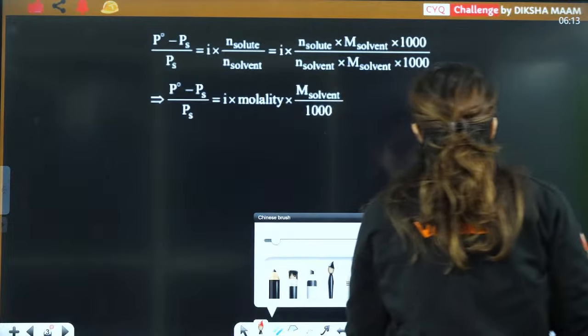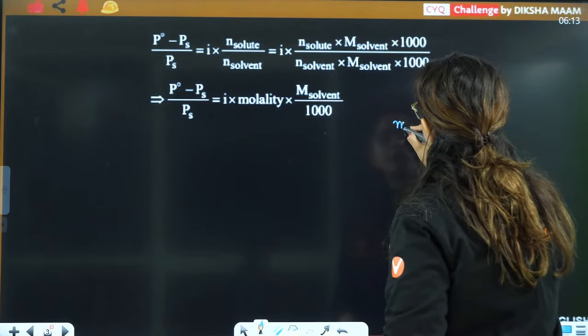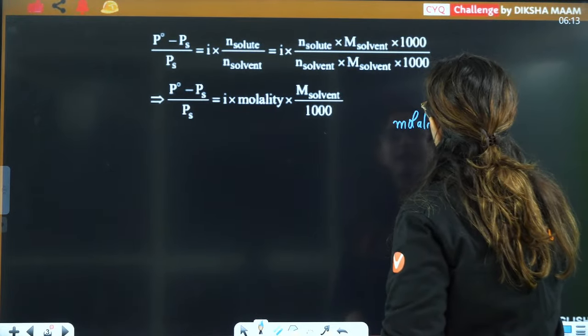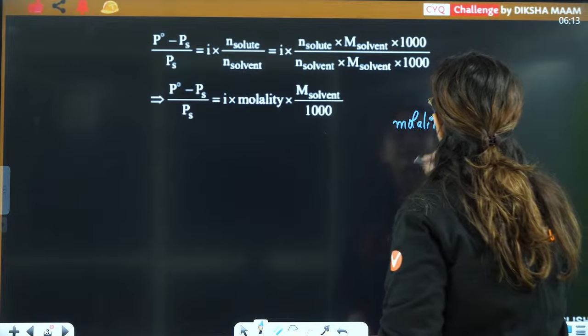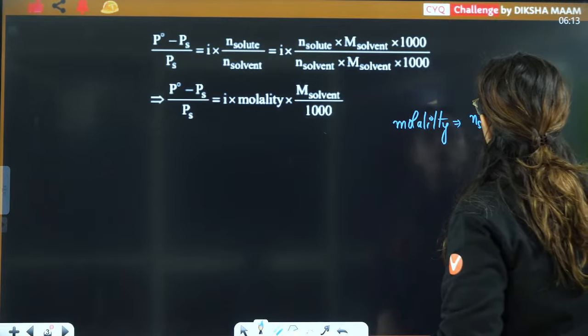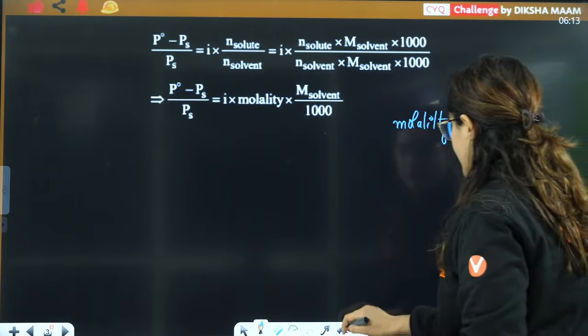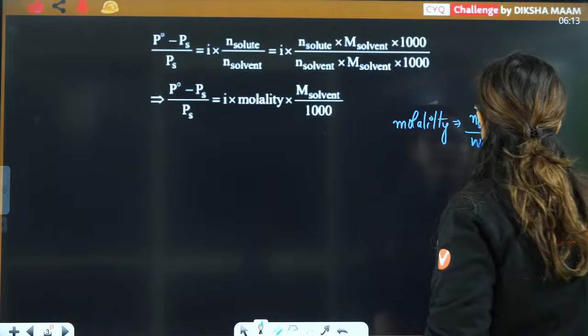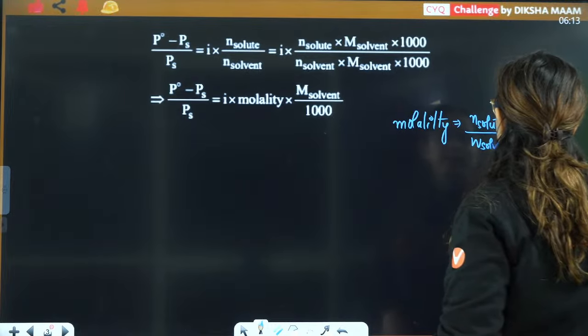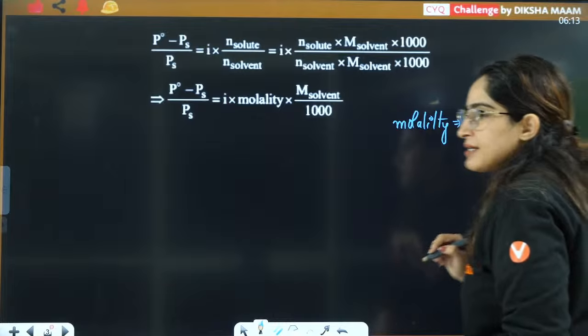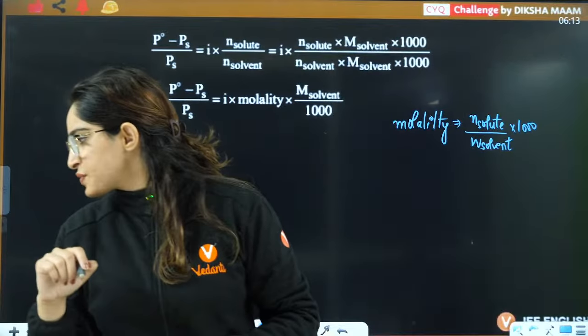Now what we need to understand is molality. Molality is number of moles of solute divided by weight of solvent, multiplied by 1000 if the weight is in grams.